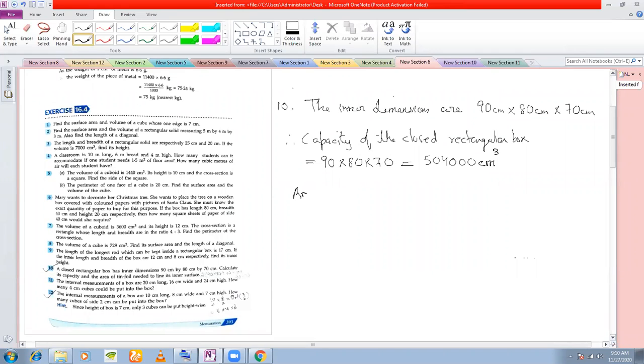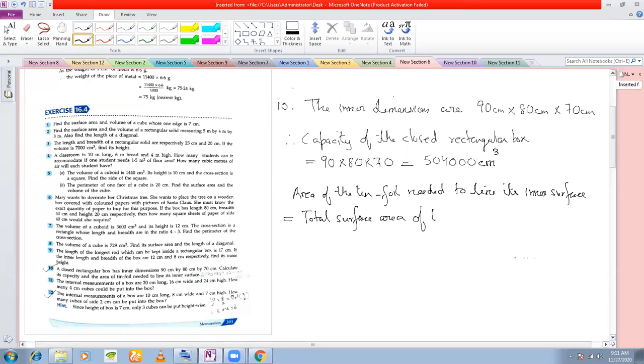Let's answer the second question. Area of the tin foil needed to line its inner surface is equal to the total surface area of the box.